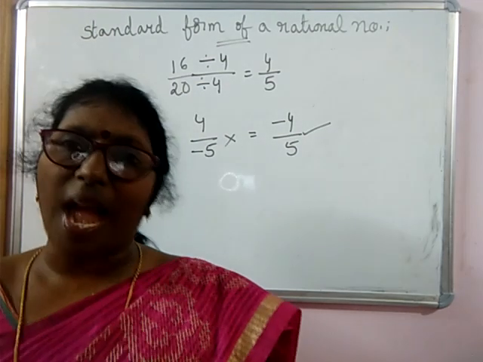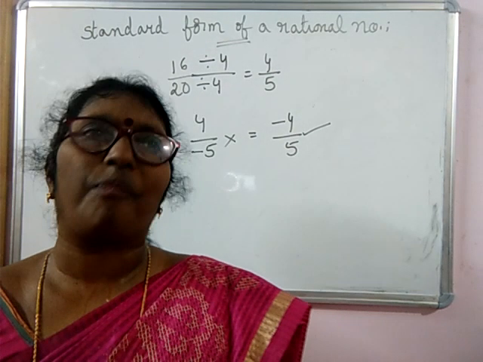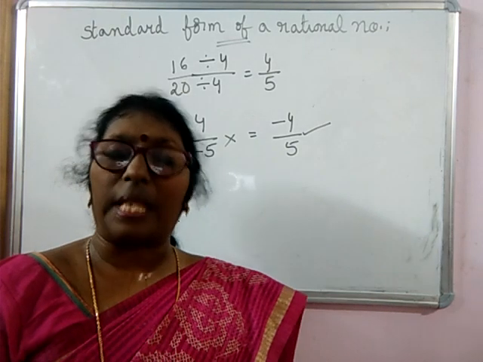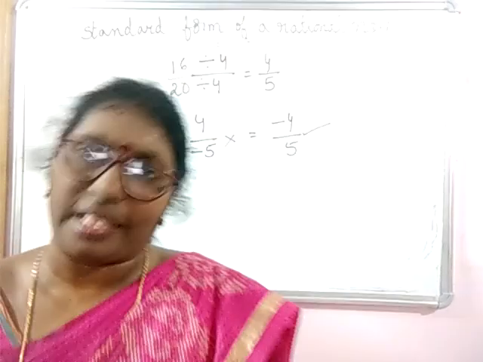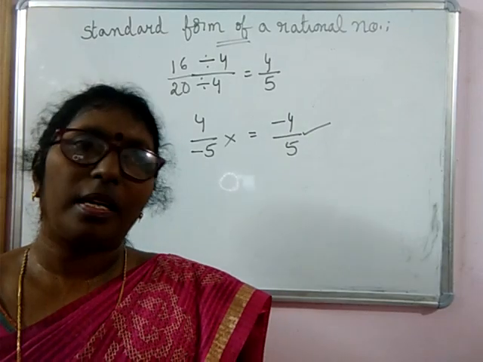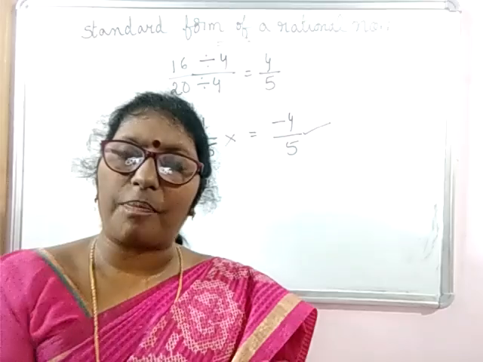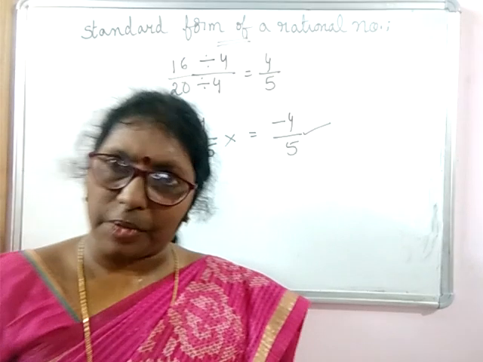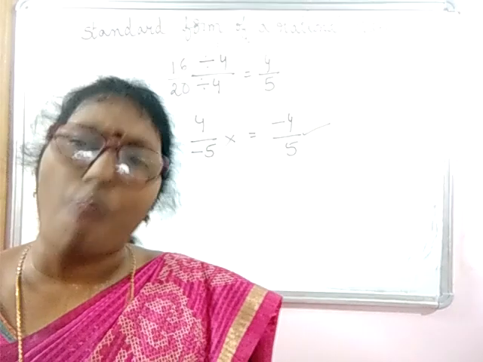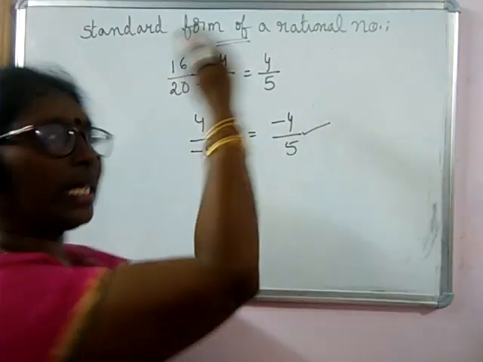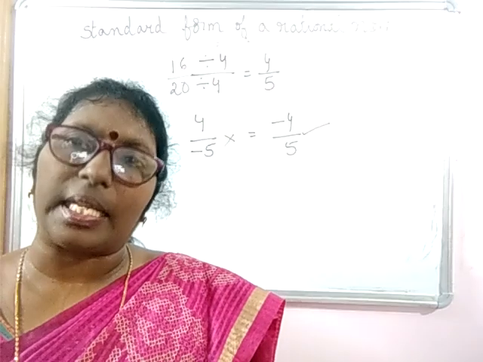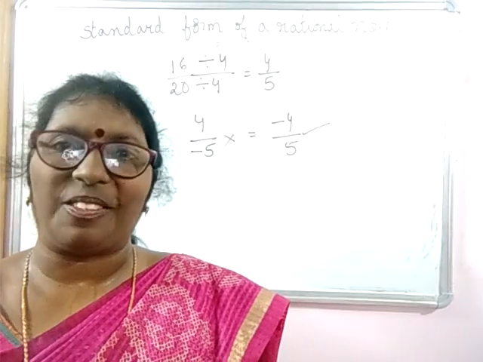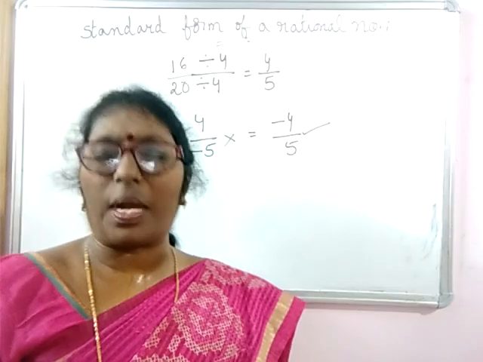The standard form of a rational number doesn't have a negative integer as the denominator. So, a rational number is said to be in its standard form if it is in its simplest form and also the denominator is not negative.